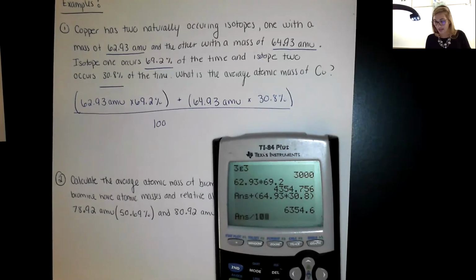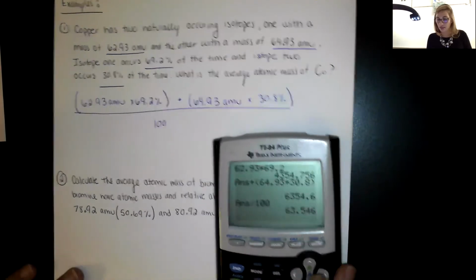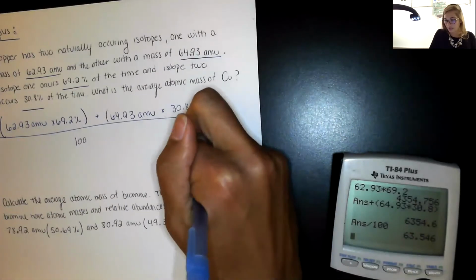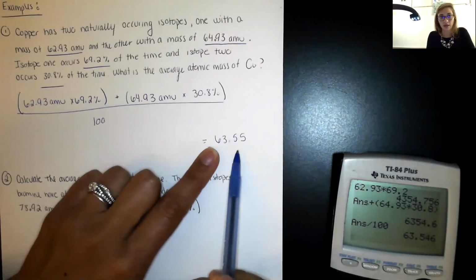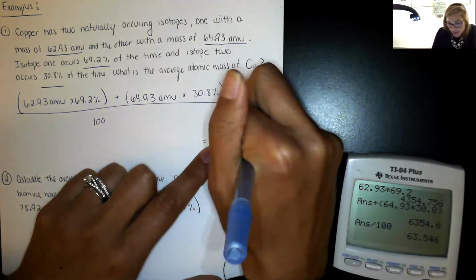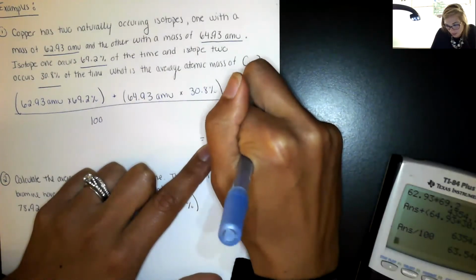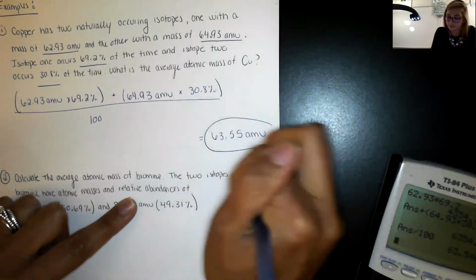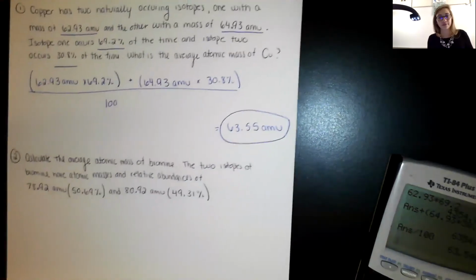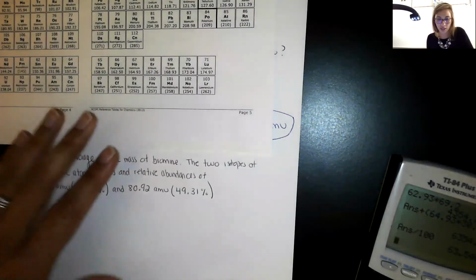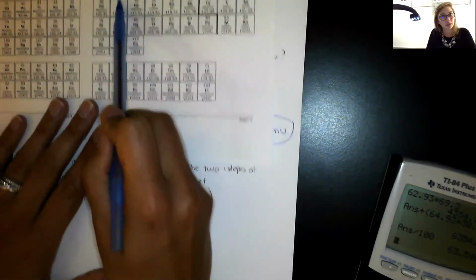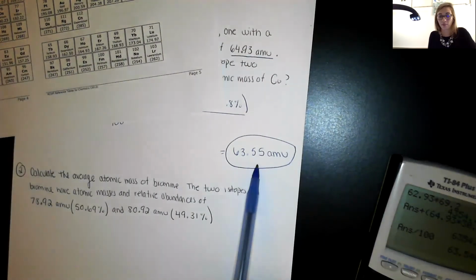Then I divide by 100, and I get 63.55. The units for average atomic mass are AMU. So that's your final answer. If you look on the periodic table, it should be pretty close. We can find copper, and it is 63.55, exactly what we got.